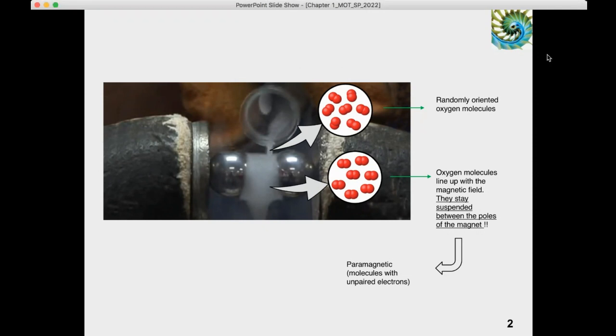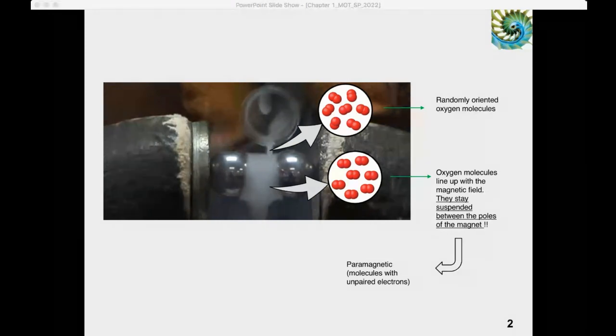With that being said, the point of this is that this is an example in which molecular orbital theory explained very well the chemical properties and the physical properties of these molecules, in this case the molecule of oxygen, because valence bond theory fails to explain why oxygen is paramagnetic. Because according to valence bond theory, oxygen will be diamagnetic.